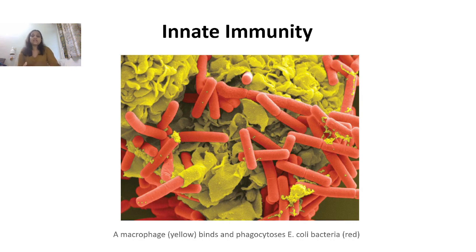Whenever there is an infection, these are the prime cells which come into the picture and help clear the infection. So this is a macrophage binding and phagocytosing E. coli bacteria, which might have entered our body.